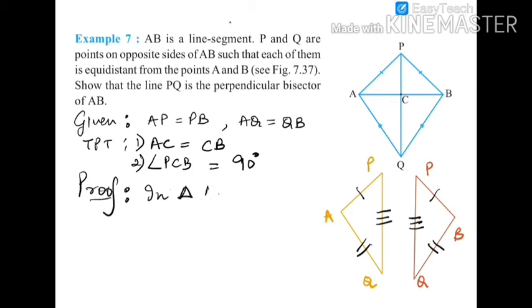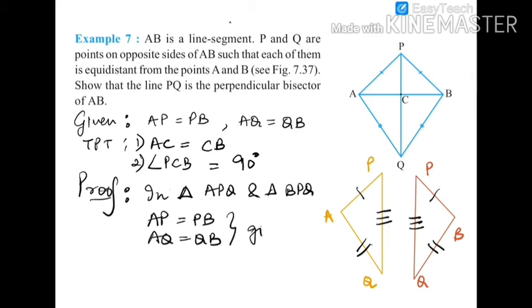In triangle APQ and triangle BPQ, AP is equal to PB, AQ is equal to QB, this is given, and PQ is equal to PQ, this is common side.